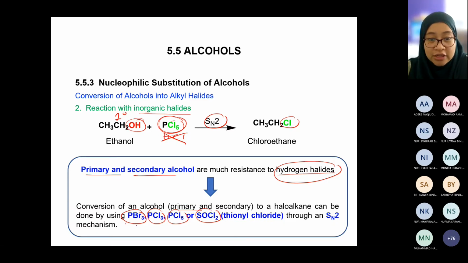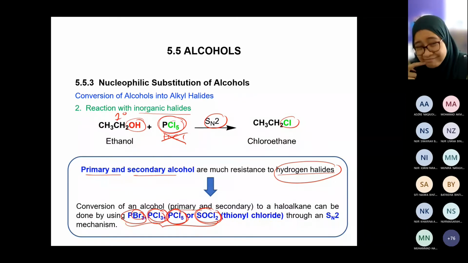You kena use any of these four, depending on kalau dia nak chlorine, that means you can use PCl3 dengan PCl5 ataupun SOCl2. But if the Br is used, that means you have to use PBr3. Nampak lah. Okay.